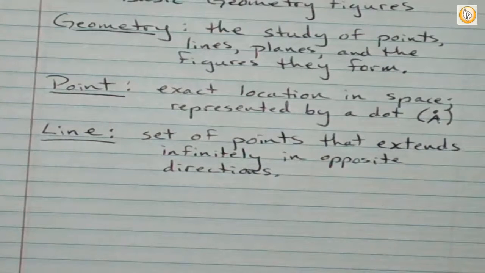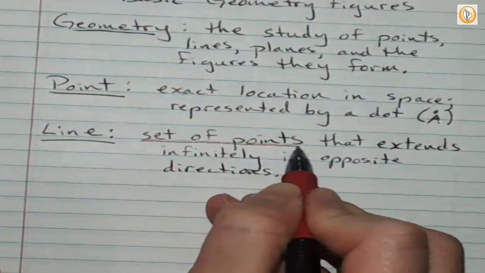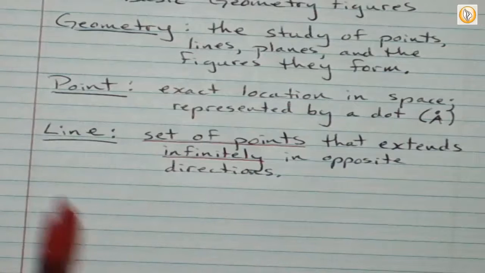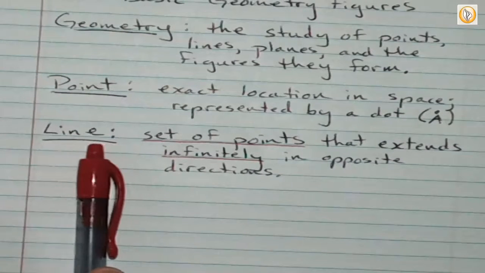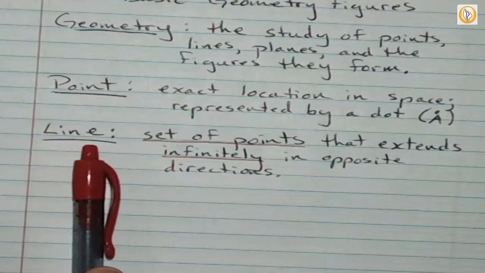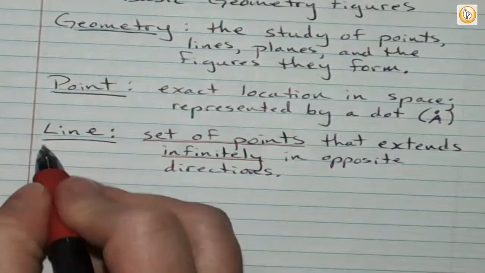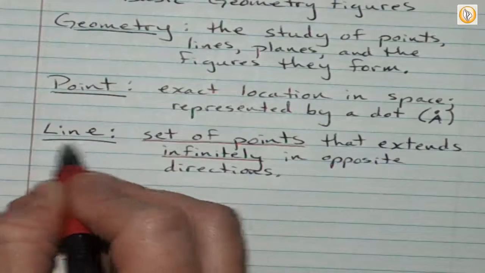Now, what's interesting that kids have trouble wrapping their heads around? It's a set of points. So when you see a line like right here, let's pretend this is a line right here. That is, in reality, a whole bunch of little bitty points. Just so many little points all close together that it forms a line.